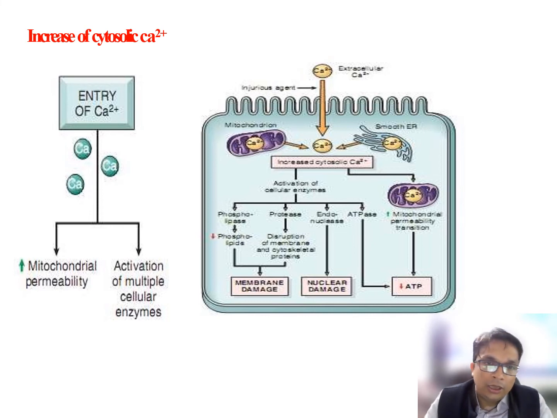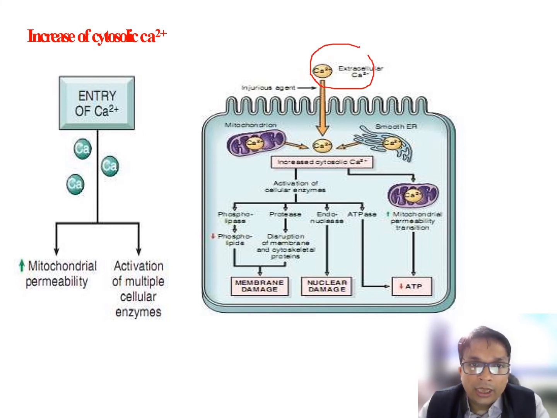We will discuss in detail soon: activation of multiple cellular enzymes. In this figure, you can see that if extracellular calcium increases in the cell, it will enter the mitochondria and the endoplasmic reticulum, and at both places it will be released.